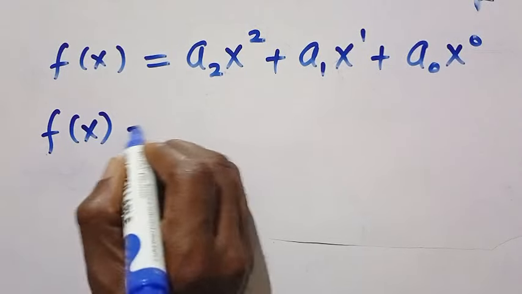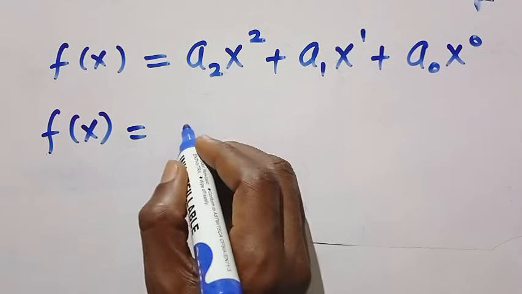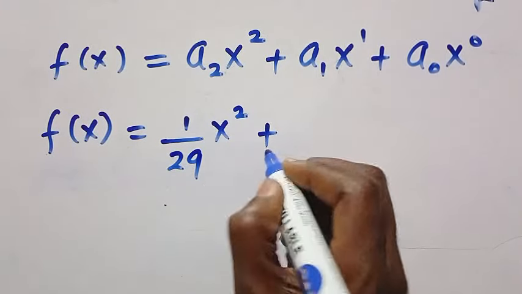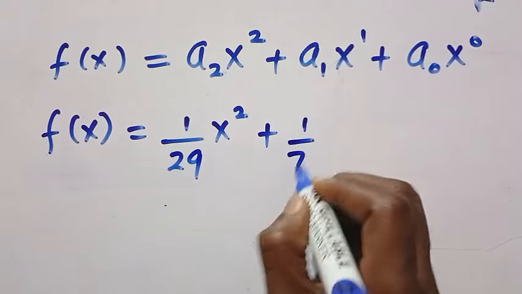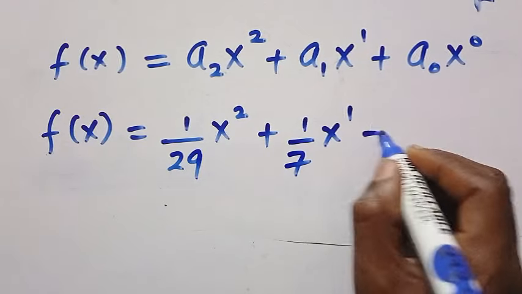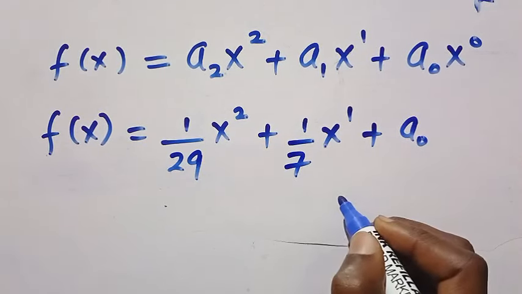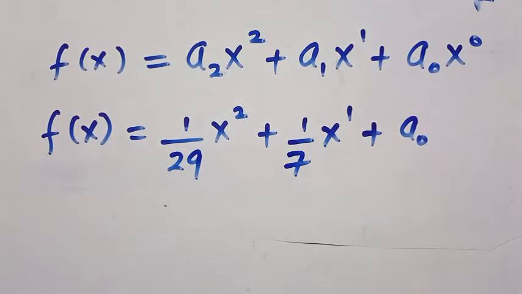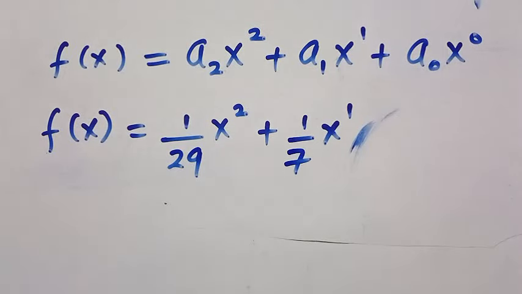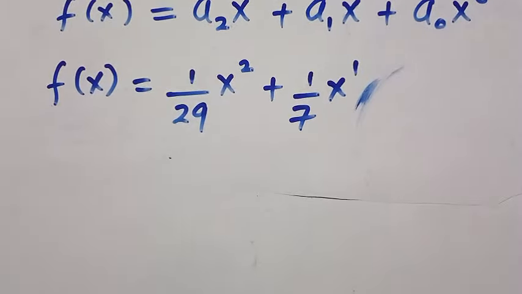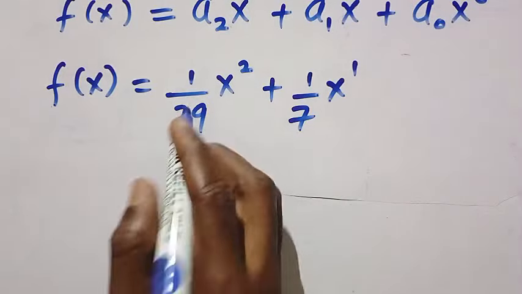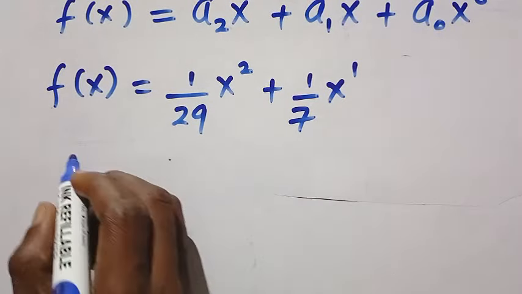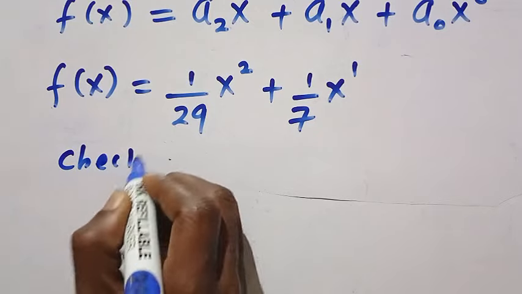We have f of x equals a2, which is 1 divided by 29, times x squared, plus a1, which is 1 over 7, times x raised to power 1, plus a0, which is nothing, and we consider it as just 0. So the final answer for f of x is 1 over 29 x squared plus 1 over 7 x raised to power 1. Then we are going to check if this is correct.